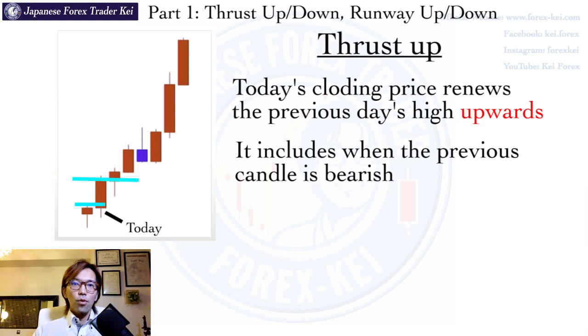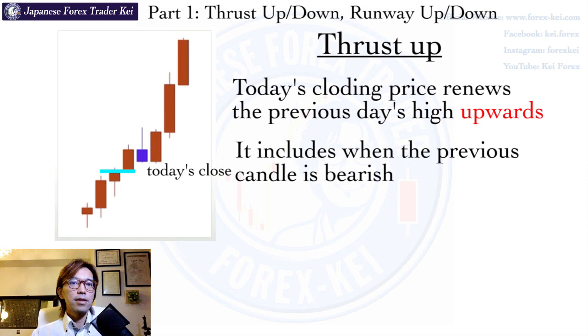So again, when today's closing price renewed the previous close price upwards, this pattern is called thrust up. And this one too, right? This candle's closing price renewed the previous high upwards. Well, this is just a little bit, so technically you can call this thrust up, but not as much as the previous one.